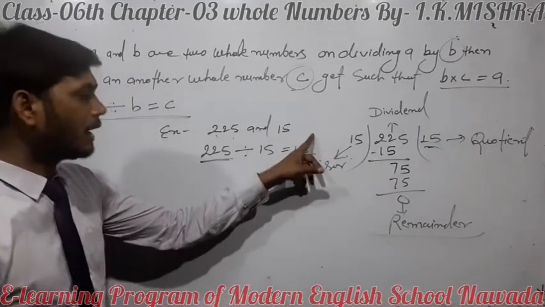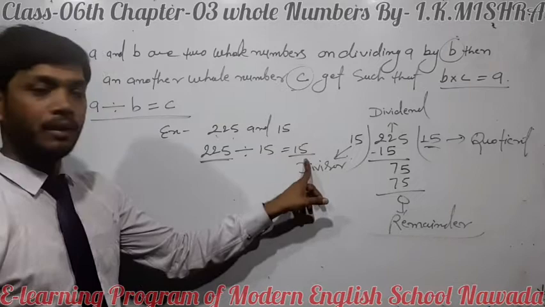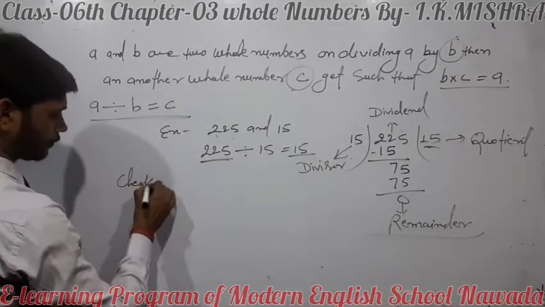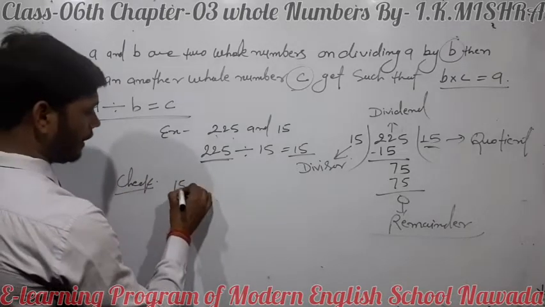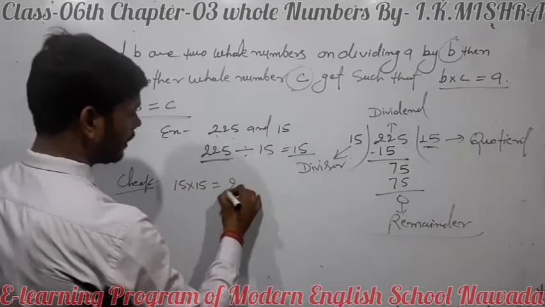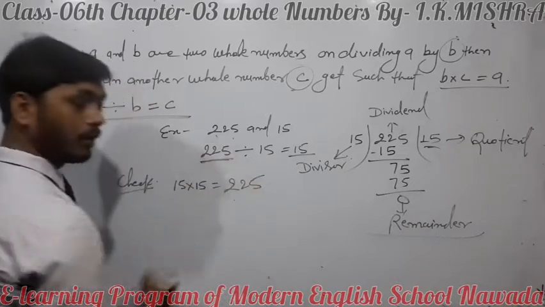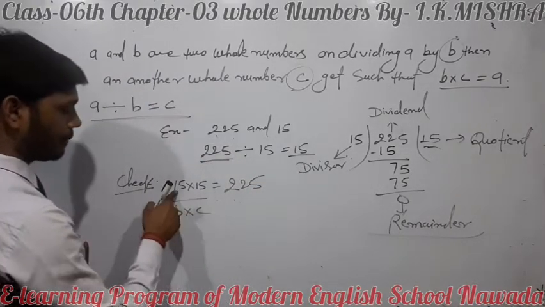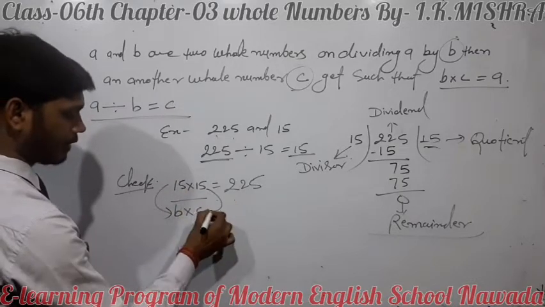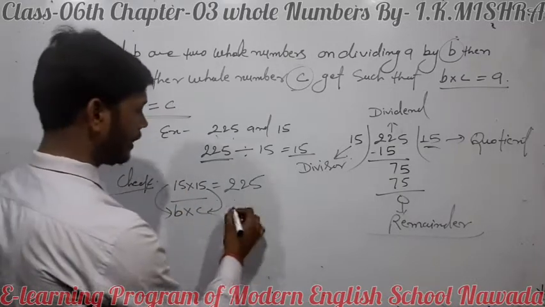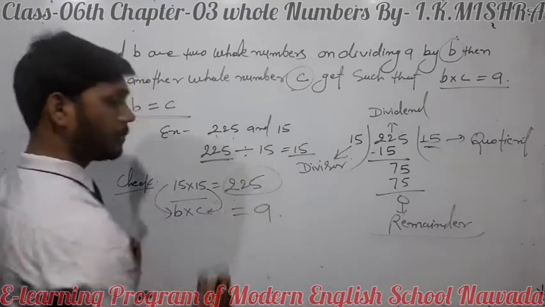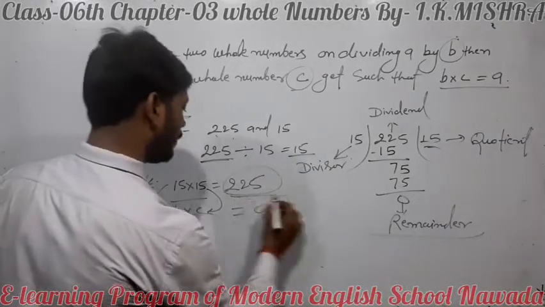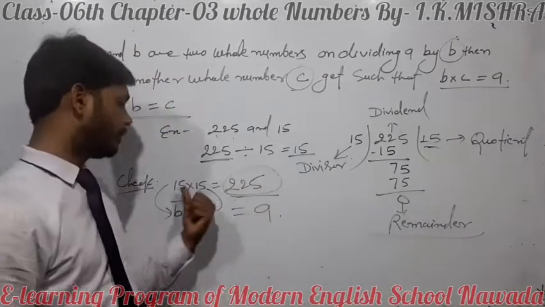Friends, when you multiply 15 by 15, you get 225, to check. That means B into C is equal to A, where B is equal to 15 and C is equal to 15. That means the number that was divided, 225, is divided by 15.